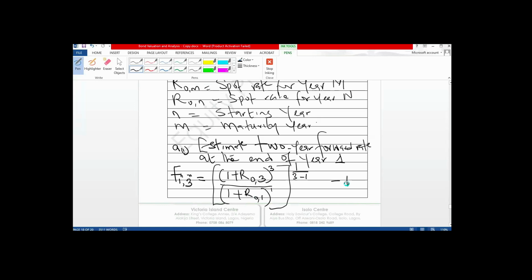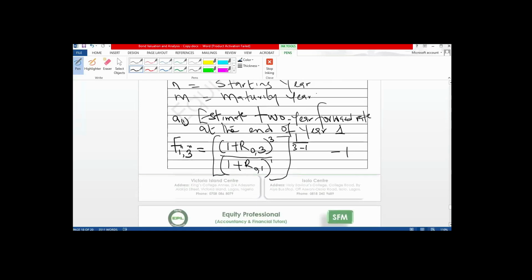This is the formula you are going to use to estimate 2 years forward rate at the end of year 1.